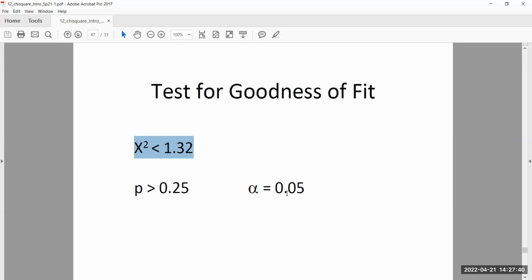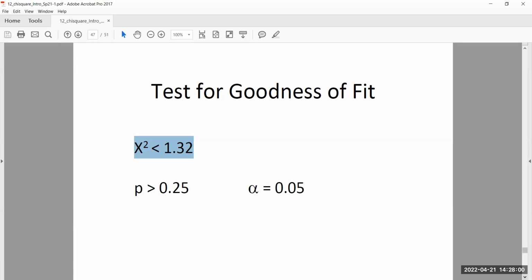Now if we use an alpha of 0.05 or an alpha of 0.01, it doesn't matter that much because our p-value is pretty large, right? Our p-value is not small. Is our p-value less than our alpha? No, it is not. Therefore, we do not reject the null hypothesis.